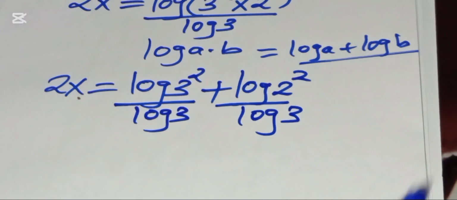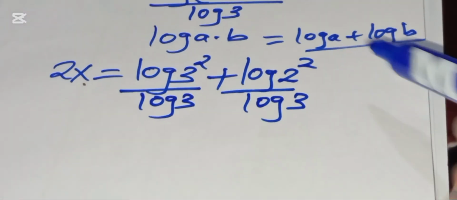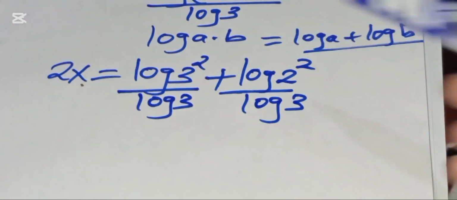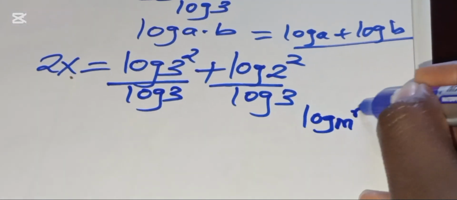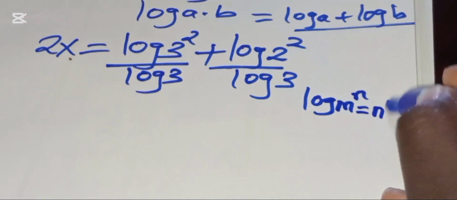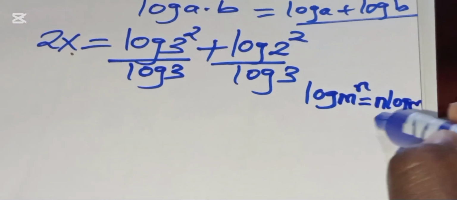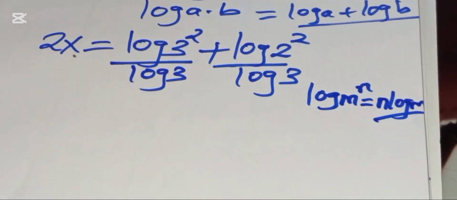Now from what we have here, log 3 raised to the power 2, applying the power rule property that states that if you have log m raised to the power n, we can express this as n log m. So let's apply this property again.